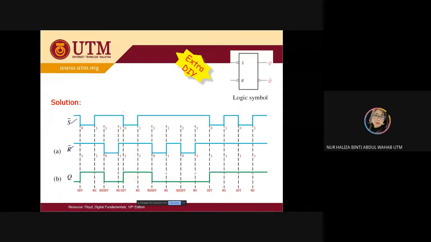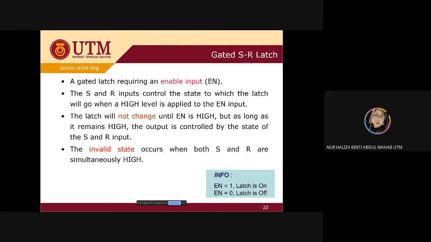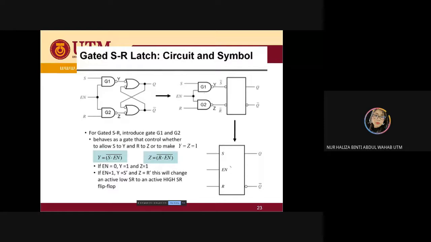Is it okay? We're going to move to our next latch, which is our gated D latch. Just now, for your SR latch, you have two inputs only. For your gated SR latch, the difference, you can read all of this, is only at this one. You have EN. What is EN?